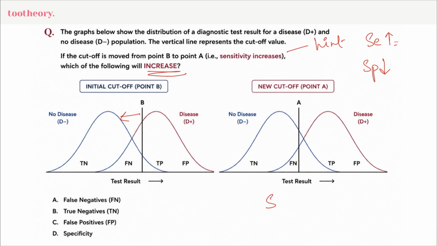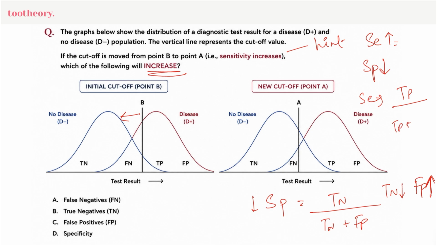So if the specificity decreases, and the formula is true negative over true negative plus false positive, we know that the true negatives will decrease and false positives will increase. And if we look at sensitivity, that is true positives over true positives plus false negatives.